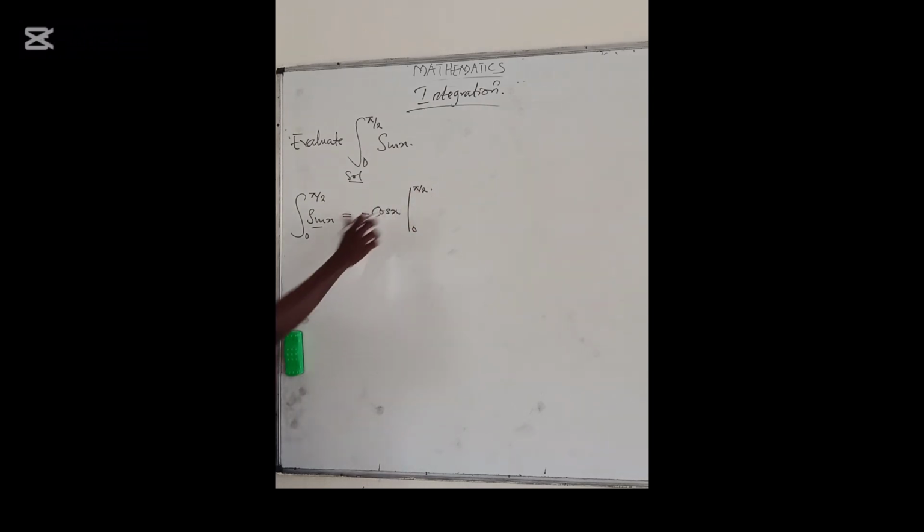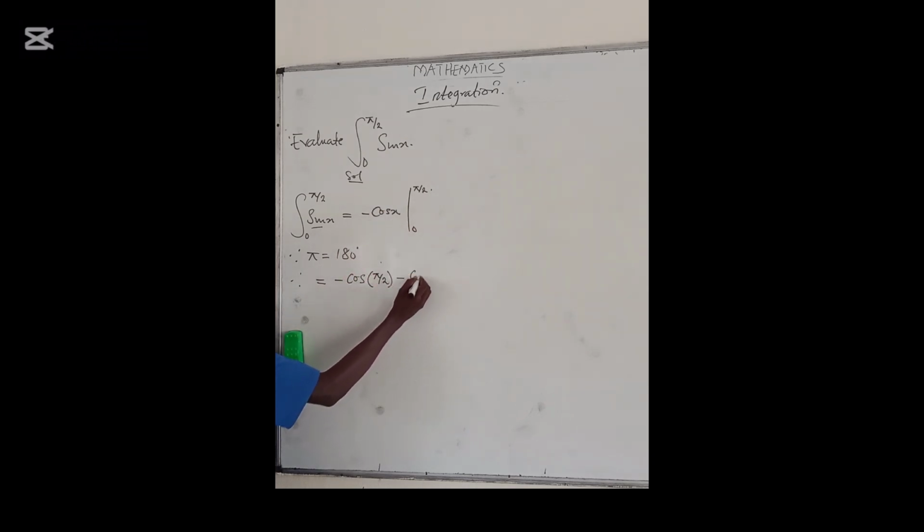Please take note that pi is equal to 180 degrees. So which is going to be equal to minus cos s, and whenever I'm seeing s, I'm going to put pi over 2, which is minus cos pi over 2, minus cos 0.